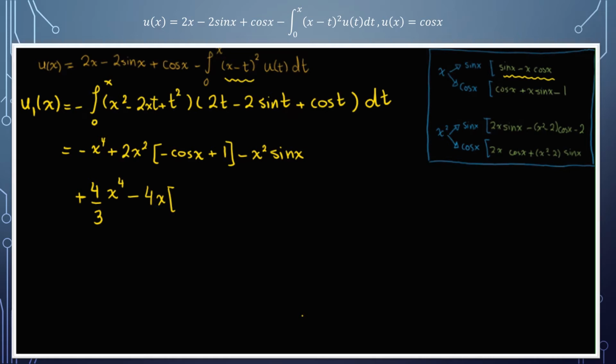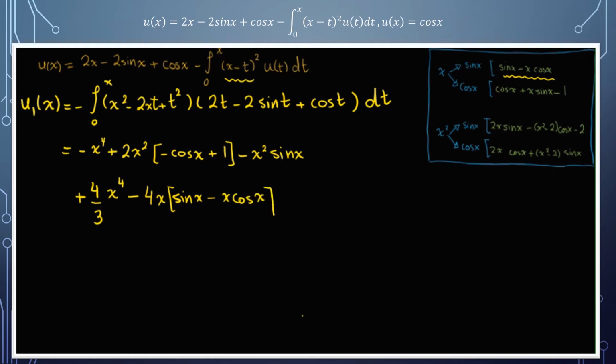And here for x squared multiplied by sine t, or x squared multiplied by cosine t. Okay, so here we will substitute with the integration of t sine t from 0 to x, which is sine x minus x cosine x.